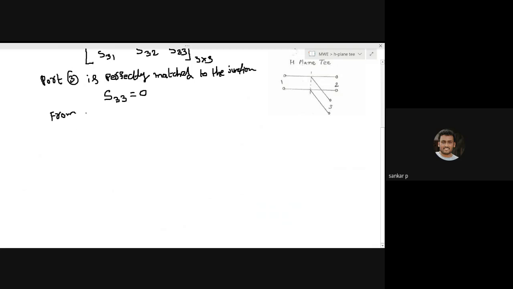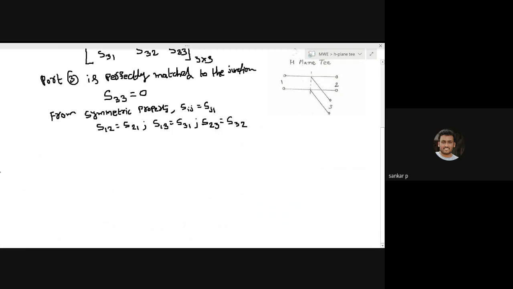From the symmetric property, Sij is equal to Sji, which means S12 is equal to S21, S13 is equal to S31, and S23 is equal to S32.